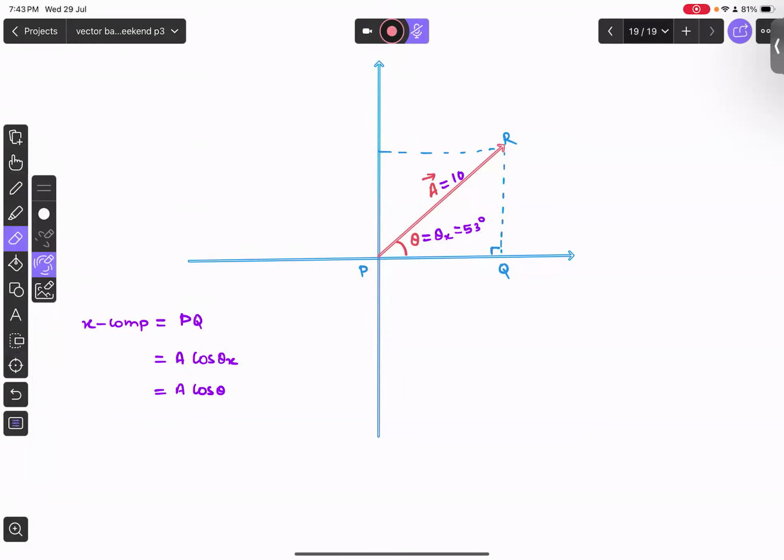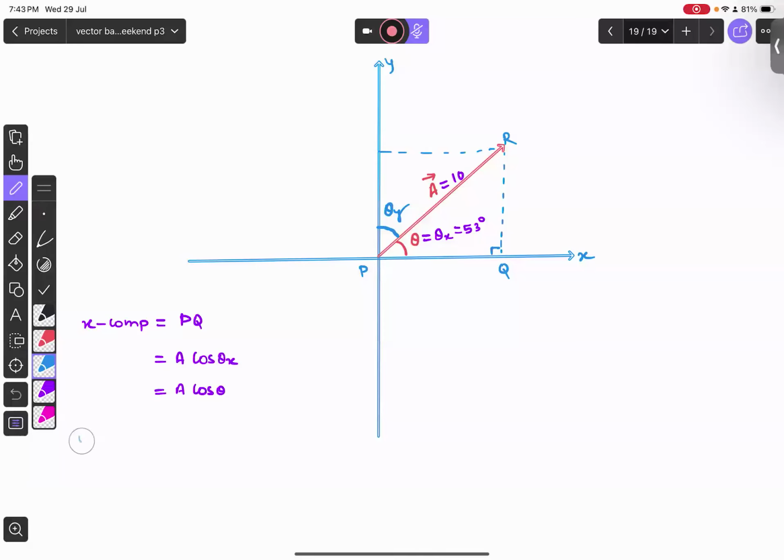Now if I ask you, in doing this vector A, how much we have done along Y? To find the component of this vector along Y, I will need whatever angle it is making with the Y direction.